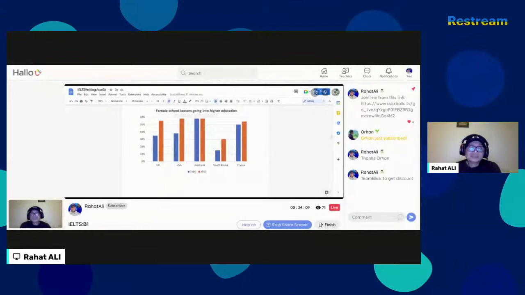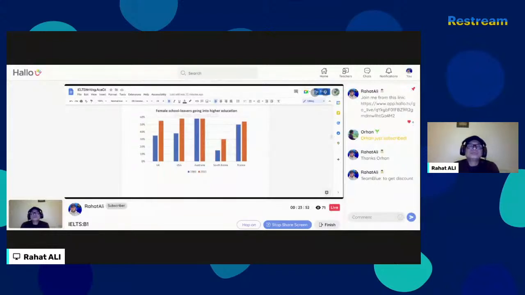In other words, in Australia in 2015 and 1980, they had the highest trend to go to higher education. But in South Korea, it was just half and double.